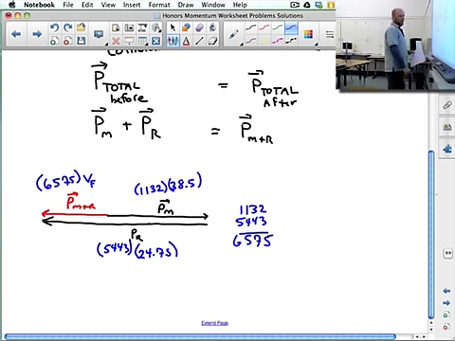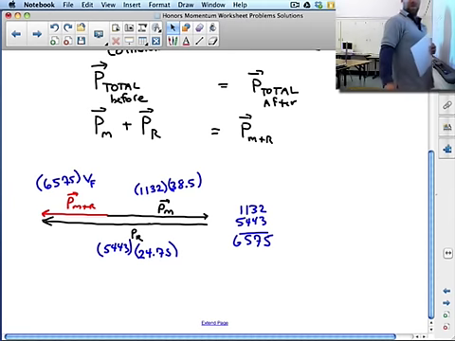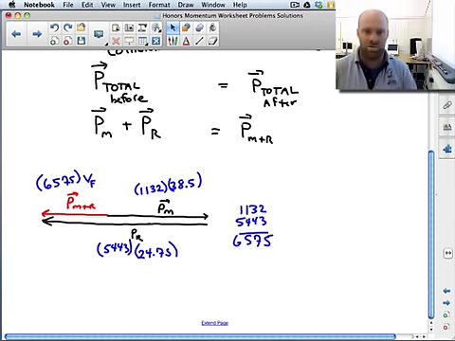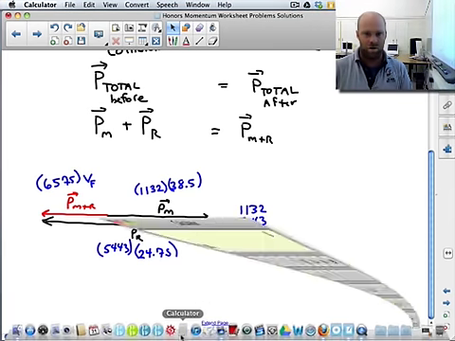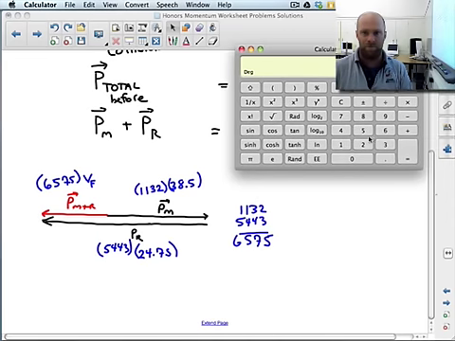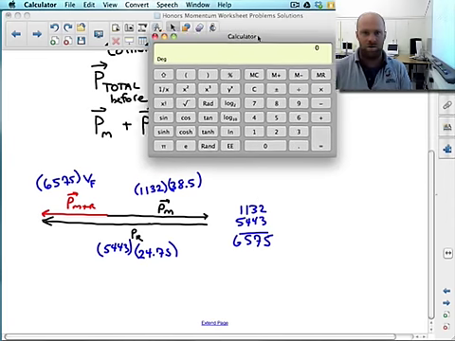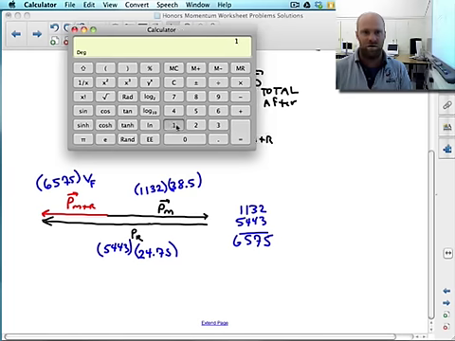Okay? And let's figure 1132 and 38.5. Let's see what those are. 1132, right, times 38.5. Wow, that's 43,582.